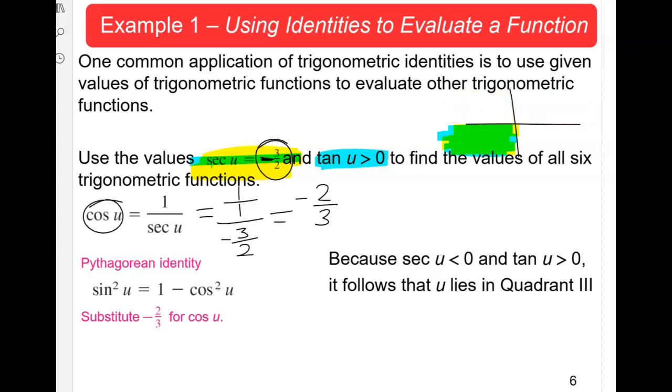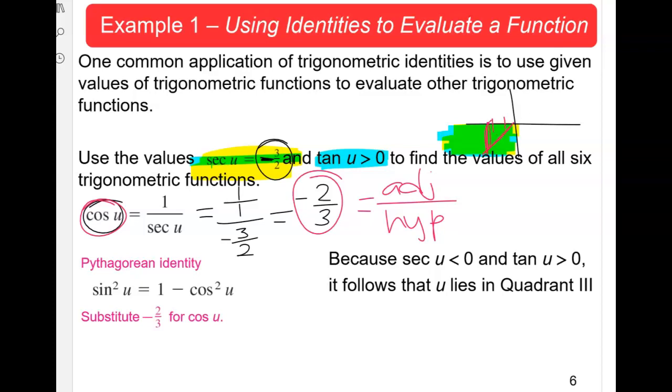So if we have that the secant is negative 3 over 2, we already established that the cosine will be the reciprocal of it, so negative 2 over 3. Now, based on the definition of cosine, this means adjacent over hypotenuse. And so we could say that negative 2, for example, is the x value, and the hypotenuse is 3.